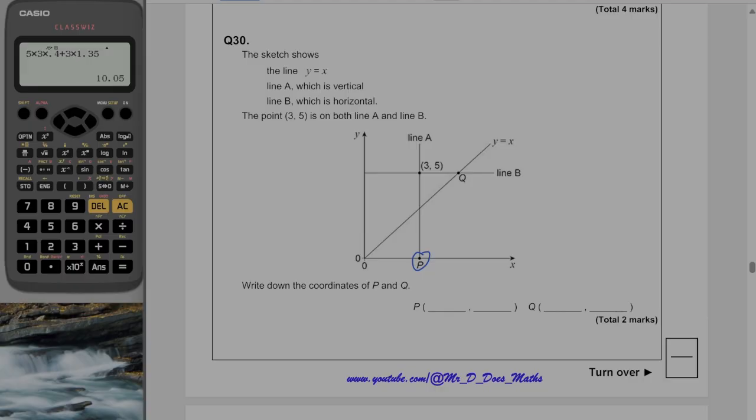This has to be 3, 0. And this coordinate here, 3, 5, is 3 here, 5 here. And point Q must be 5, 5, because the y coordinate must be 5 because we're told it here. And then if y is equal to x, it must be 5, 5.